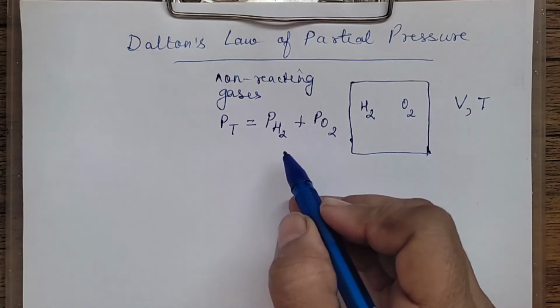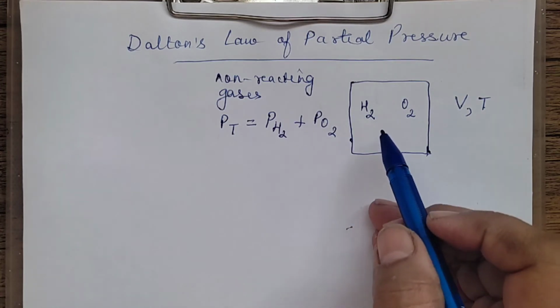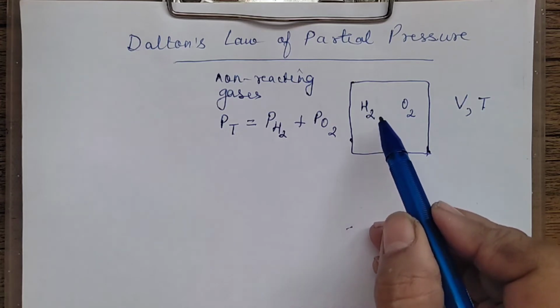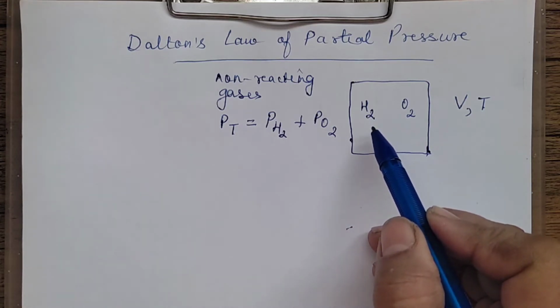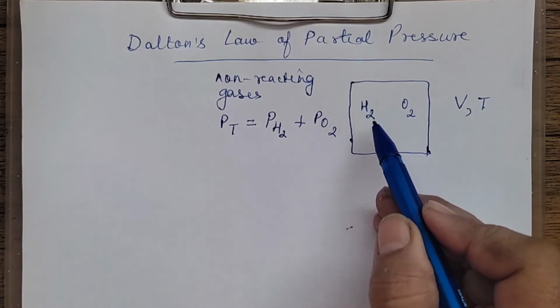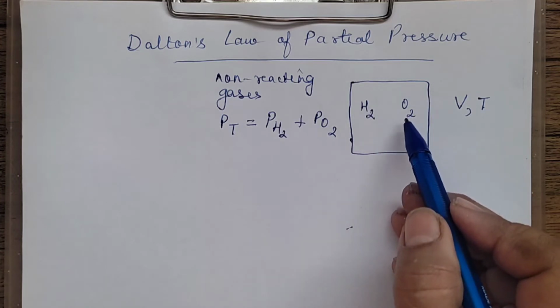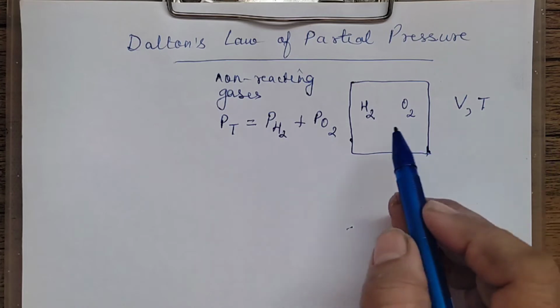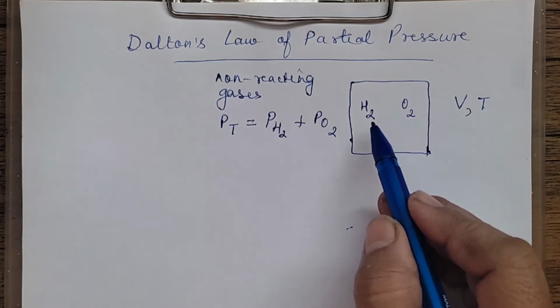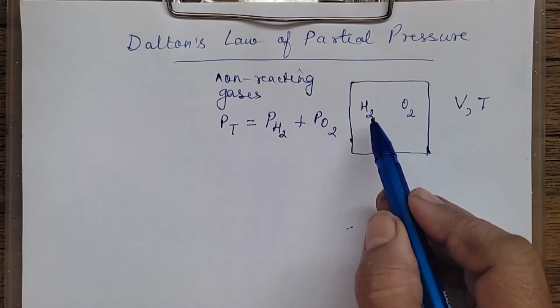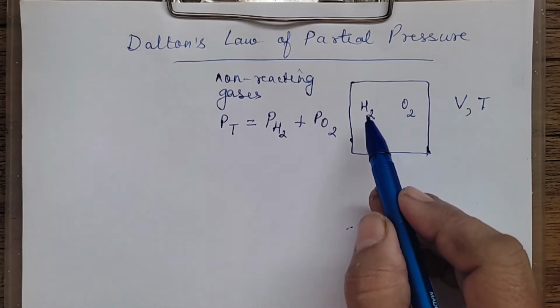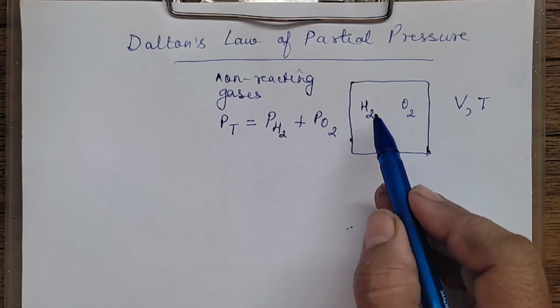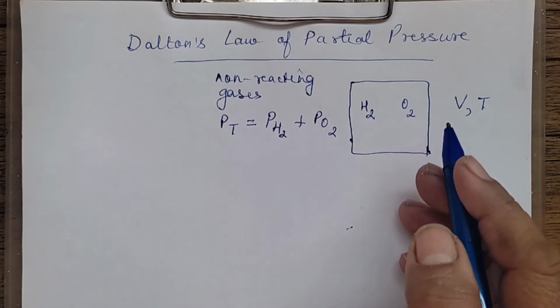Partial pressure means, suppose we are taking only hydrogen in a container, not oxygen, with the same volume V and temperature T. What will be the pressure exerted by this hydrogen? That will be the same even when you take it along with oxygen.